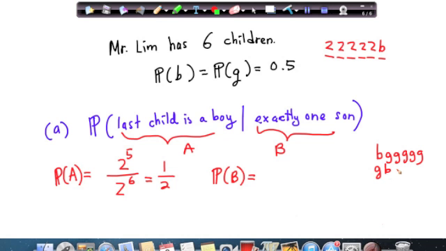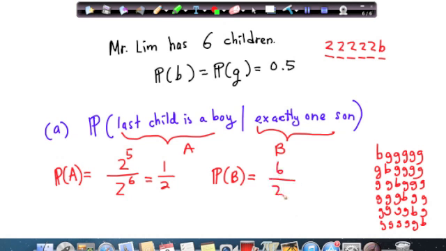In this case, all the other children are girls, and so on. So altogether, there will be 6 possibilities. So the probability of B is 6 over the size of the sample space. This is 6 over 64.